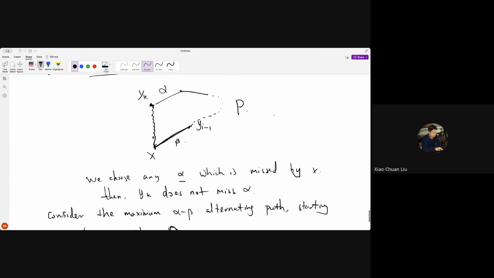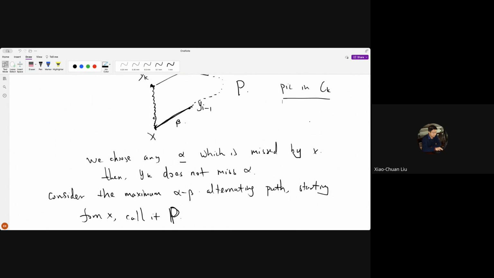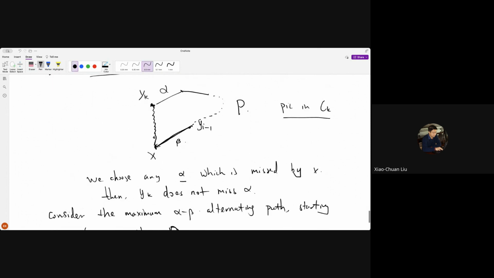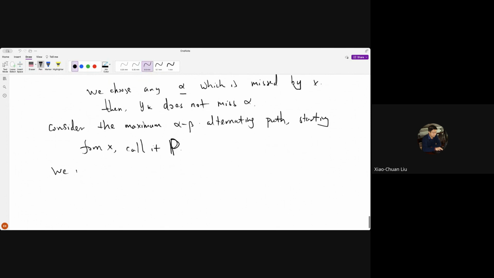So this is like the local picture in the coloring C_k. But we have to come back to C_i. You see, C_{k-1} until C_i. We have to look at the moment that this edge was moved here, to look at the coloring C_{i-1} and how C_{i-1} becomes C_i.